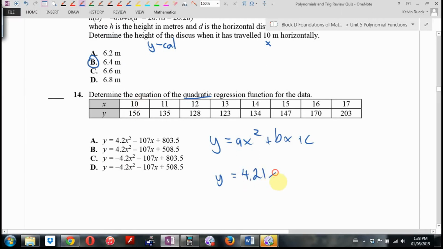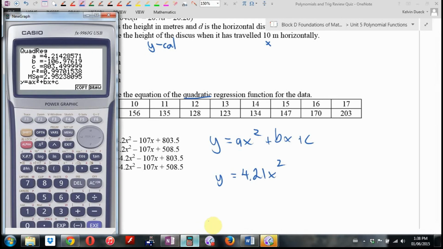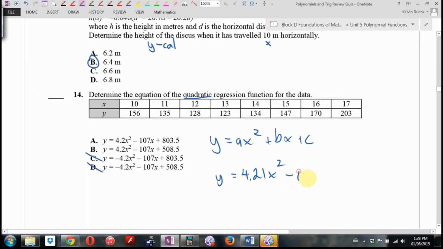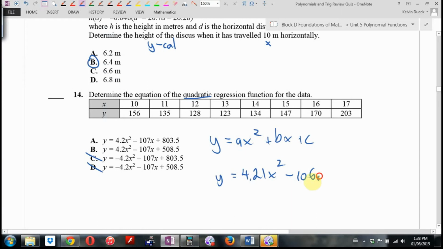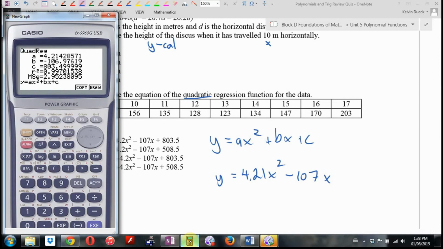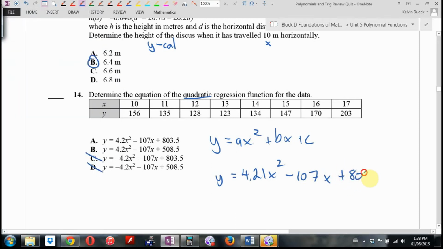Is that enough that I can quit? Not quite. Minus 107 x, plus 803.5. A.